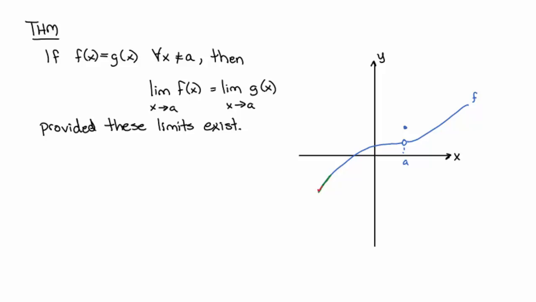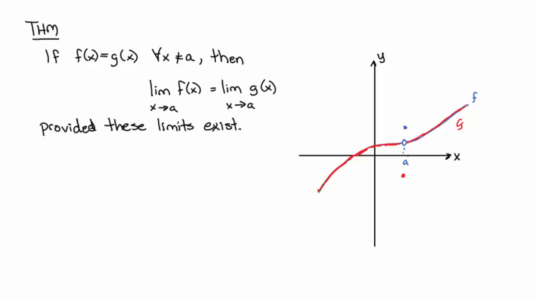This is not as obvious as I'm trying to make it out to be, but these two functions are the same, and g, in red, might have a value down here at A. But the limit as x approaches A of both these functions must be the same, is what this theorem is stating.